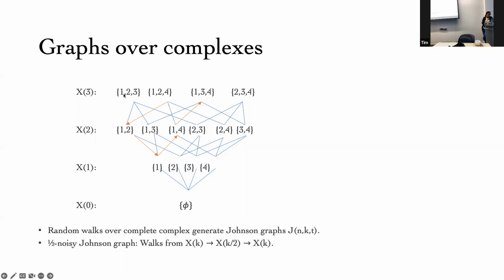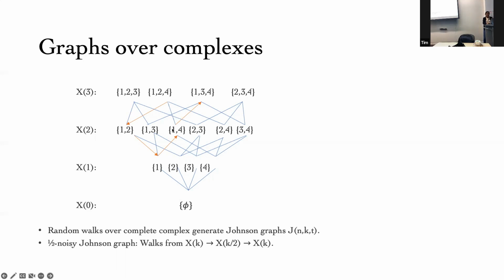So let's see why you can generate the graph where you intersect in one element. If you took 1 step down and 1 step up, you would either go back to the same vertex, but with very low probability, or mostly you will go back to a vertex where you intersect in all but 1 element.